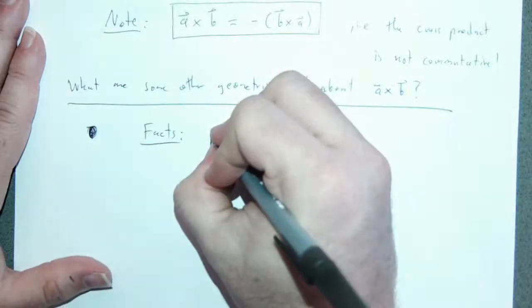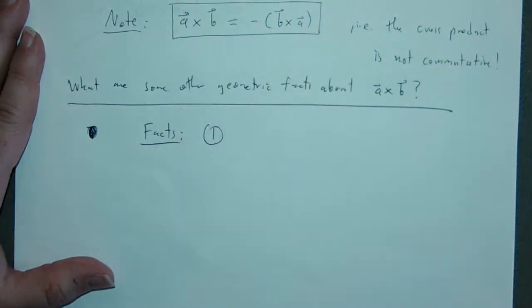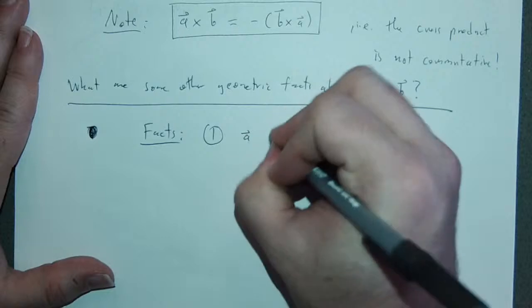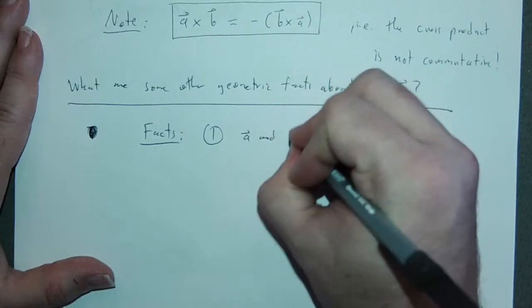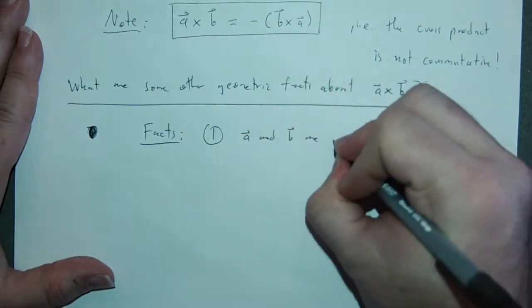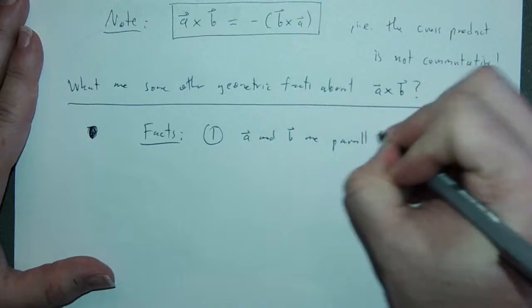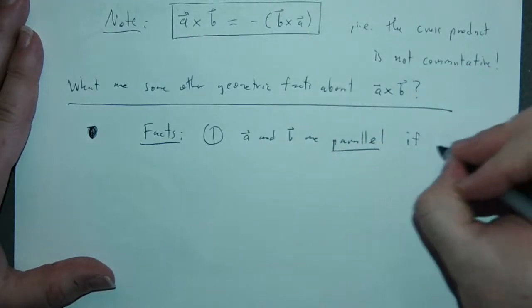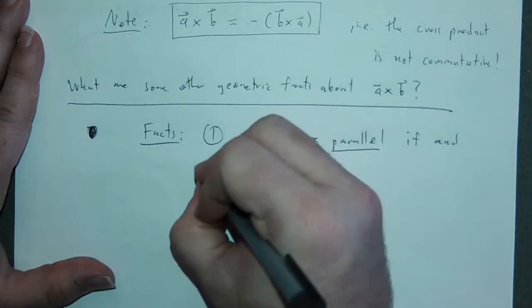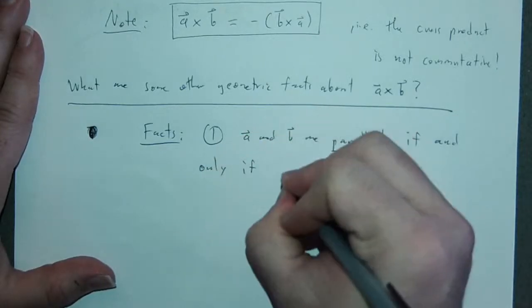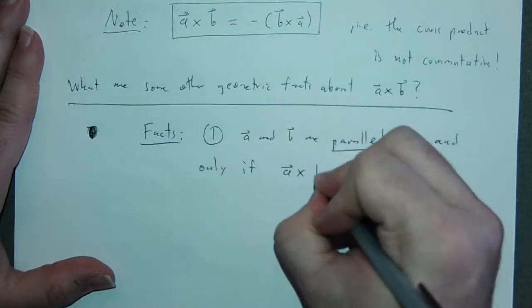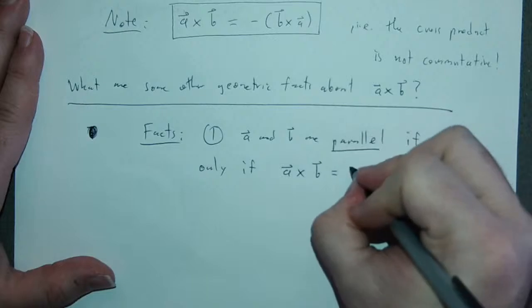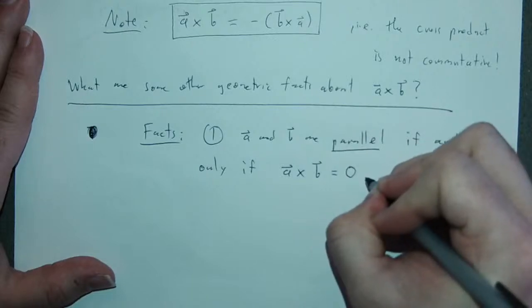So the first one is: A and B are parallel if and only if A cross B is equal to 0.